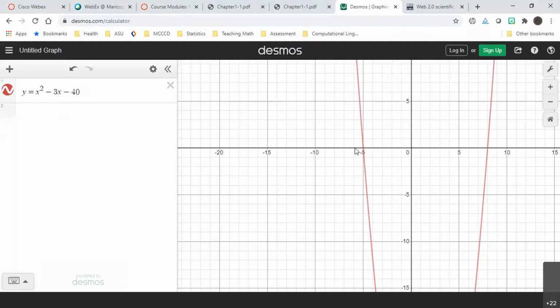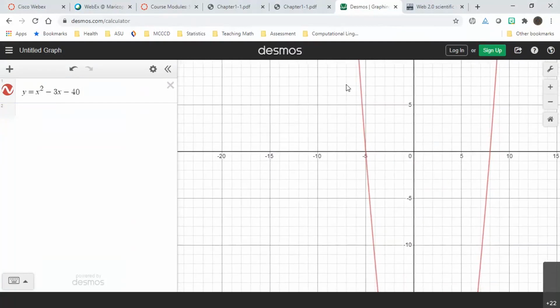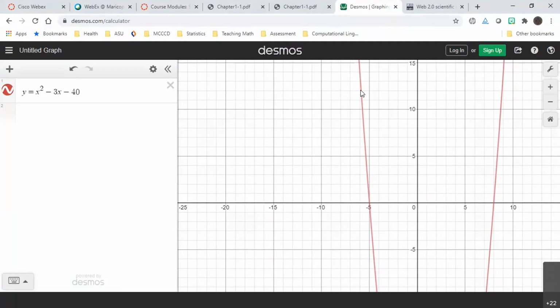So here's -6. I can scroll all the way up to the function to see where it crosses -6, and you can see the value right there. I didn't have to do anything with my calculator. You can just click on points.